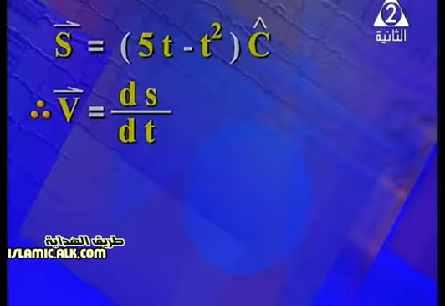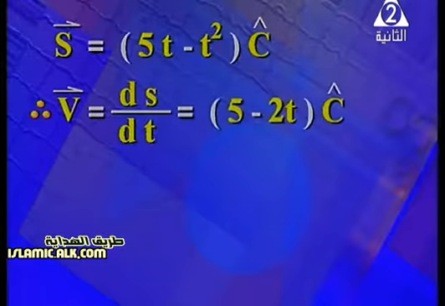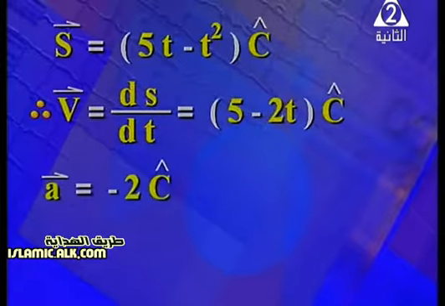Differentiation of displacement with respect to time t. We know the derivative ds over dt equals (5 minus 2t) multiplied by c vector. After that, acceleration equals dv over dt, the derivative of velocity with respect to time t, which equals negative 2 c vector.